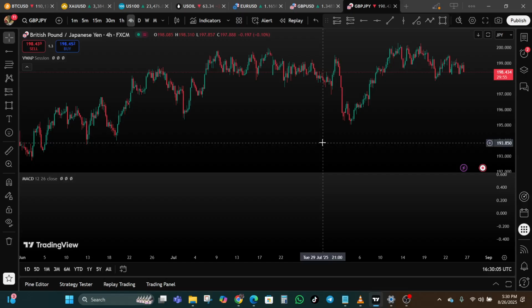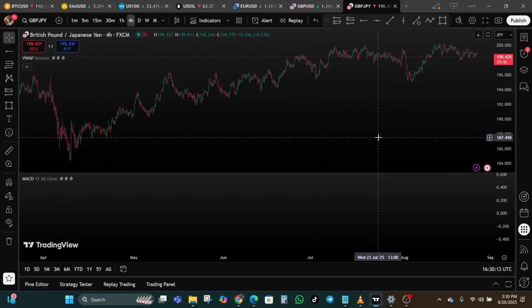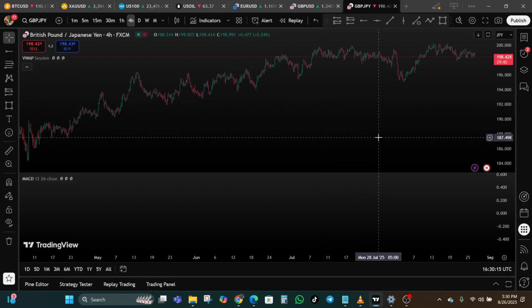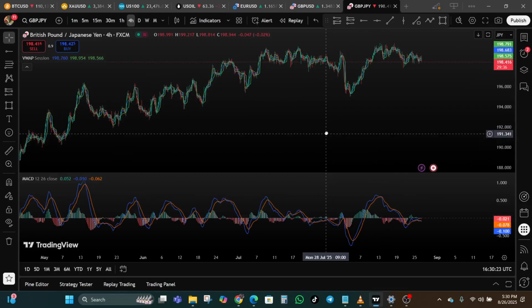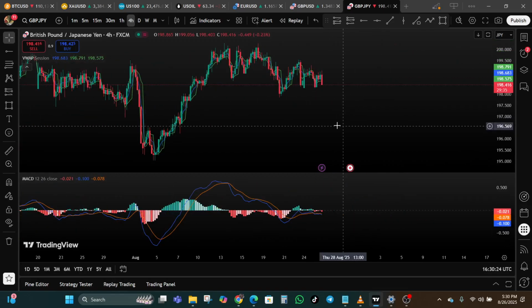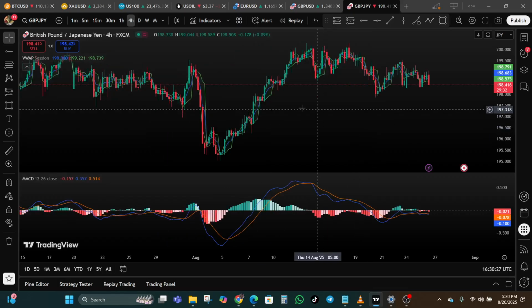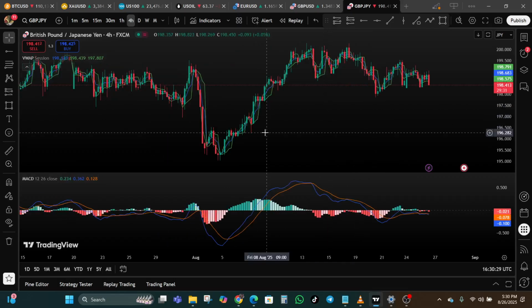But unlike a simple moving average, it is weighted by volume. That means it tells us where most of the trading activity is happening, and it often acts as a dynamic support and resistance level.